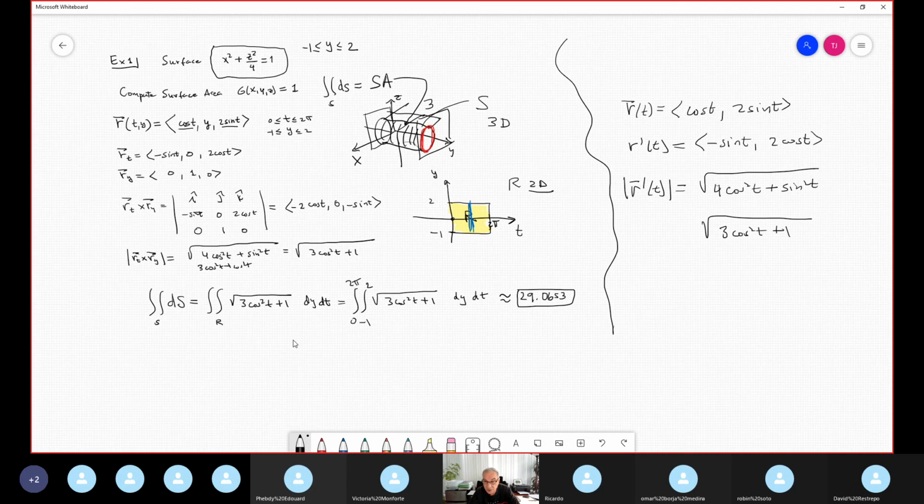Now, in order to find the arc length, it's a line integral, but we can use the parametrization, t varies from 0 to pi. So because we're using the regular integral, it is from 0 to pi of the square root of 3 cosine squared t plus 1 dt.